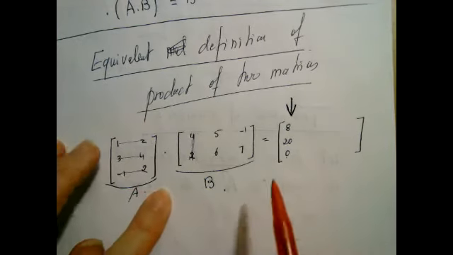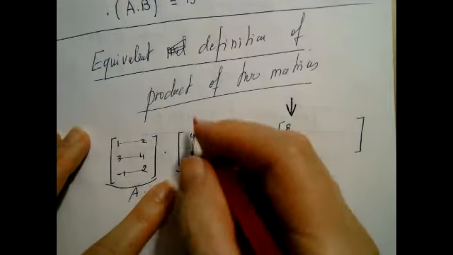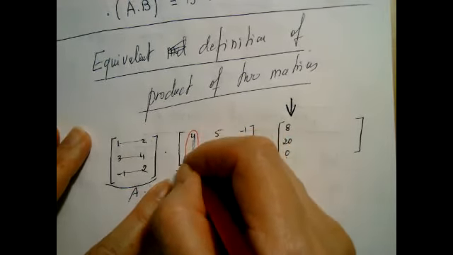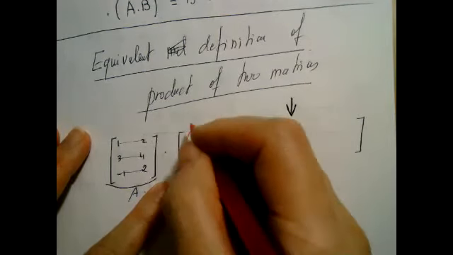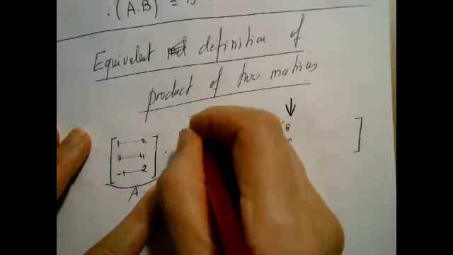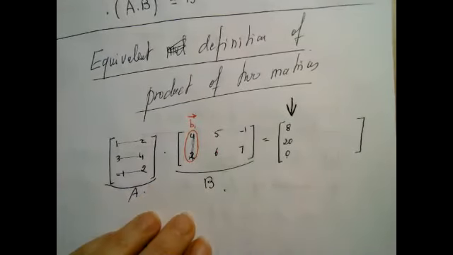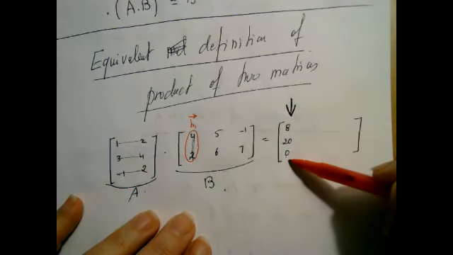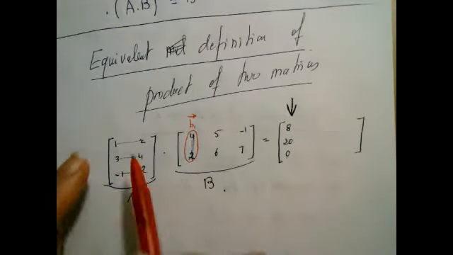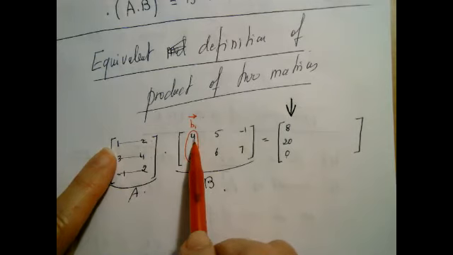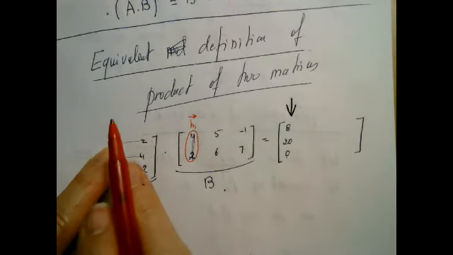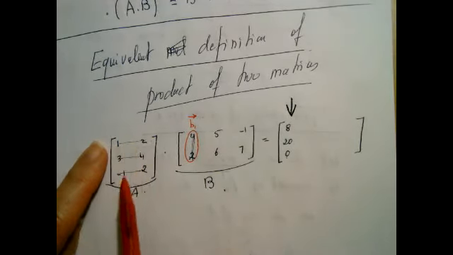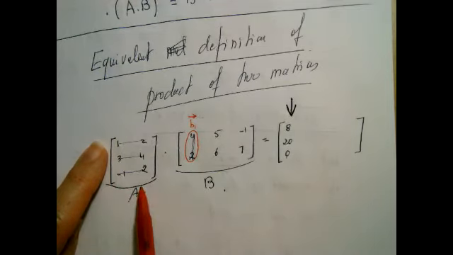But if we watch very carefully, I'm going to call this the vector B1. I'm going to give it a name. What is this vector here? If we remember, a matrix times a vector, how do we do it? There are two definitions. One is a linear combination of the columns of A, which gives it meaning.